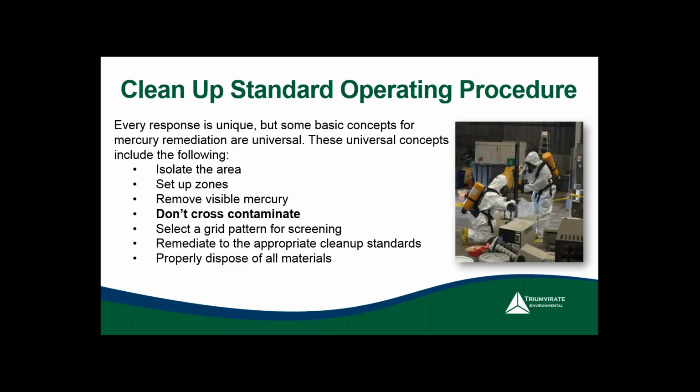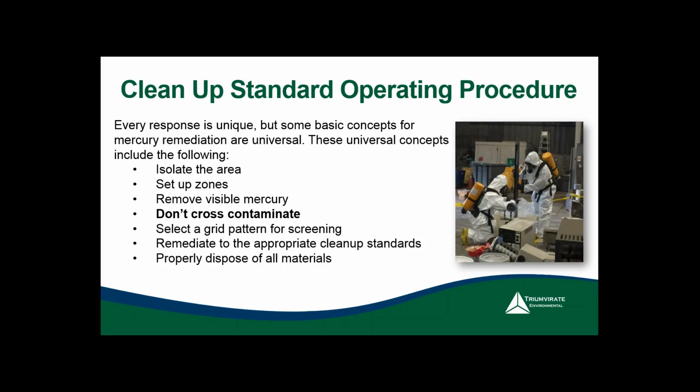One of the biggest things when mercury is spilled is that beads can go very far, and there can be contamination in areas where you wouldn't expect it. So things like the vapor monitors, looking for visible mercury, and just a thorough inspection prior to entering that hot zone is going to really affect your cleanup outcome.